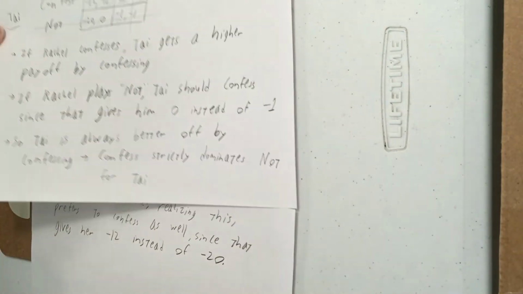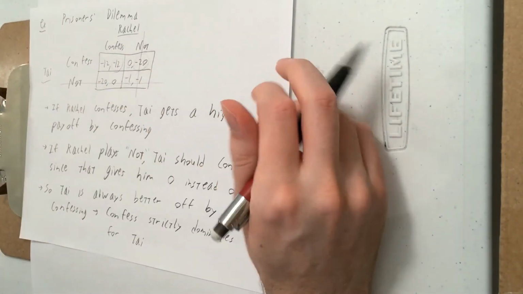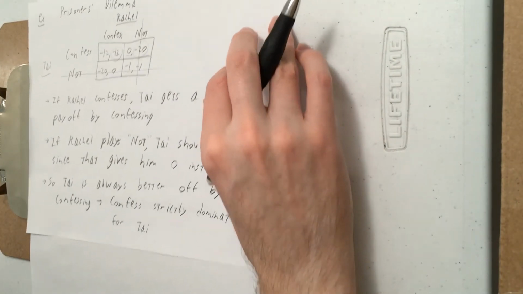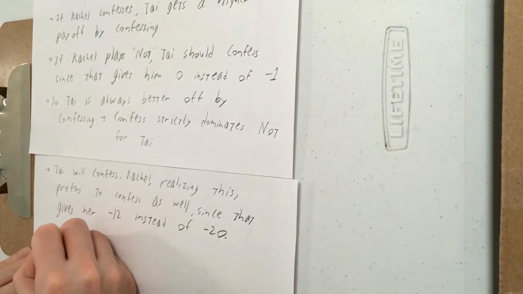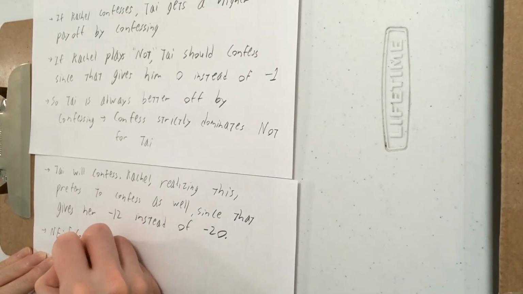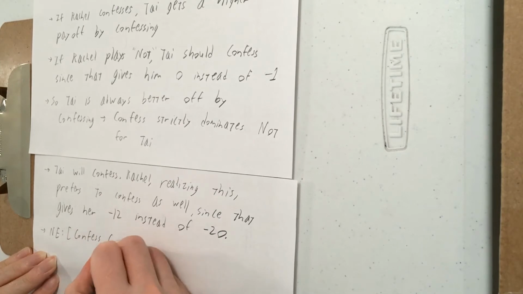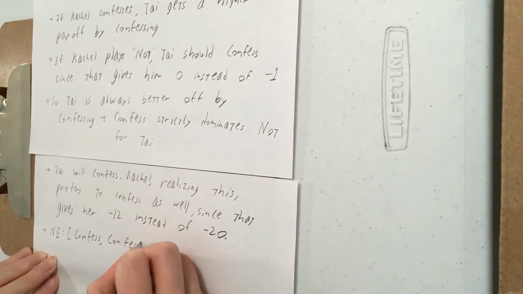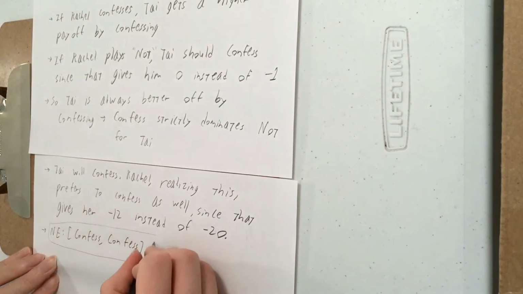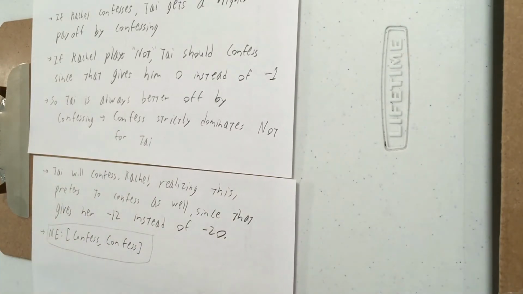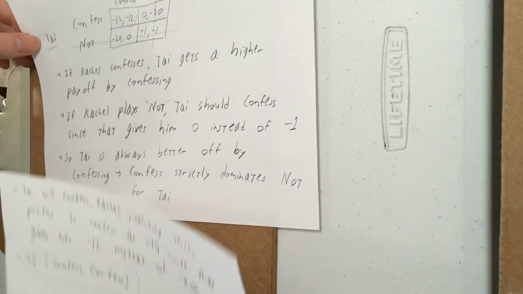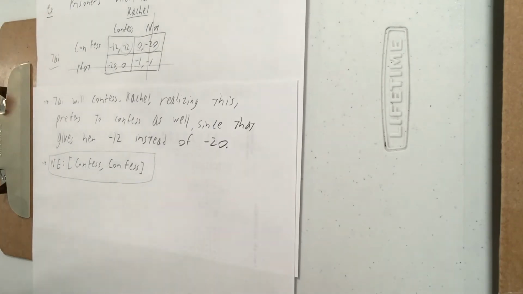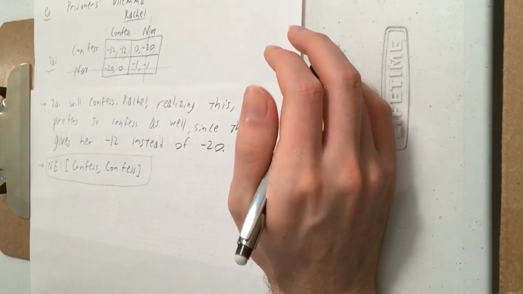So after making that elimination, there's only one outcome left. That's confess, confess. So that is your Nash equilibrium, which we found by eliminating the strictly dominated strategies. Now, to be clear, I said last time that the Nash equilibrium is the strategies, not the payoffs, and I gave that some emphasis.